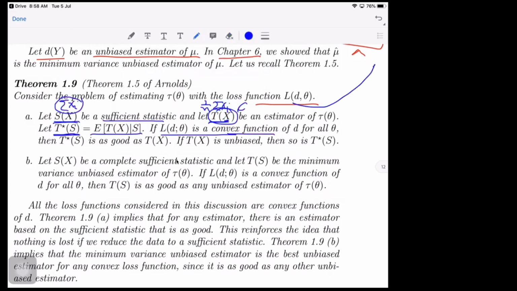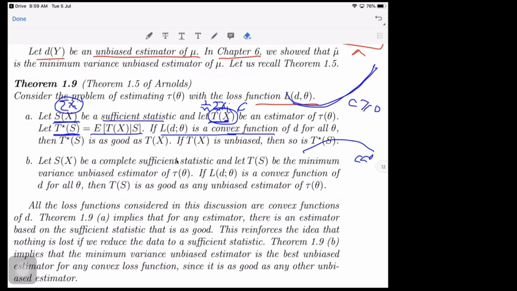So if you have a loss function that is convex, either it is increasing with c greater than or equal to 0, it is concave when c is less than 0, and so on and so forth. So convex functions have properties.